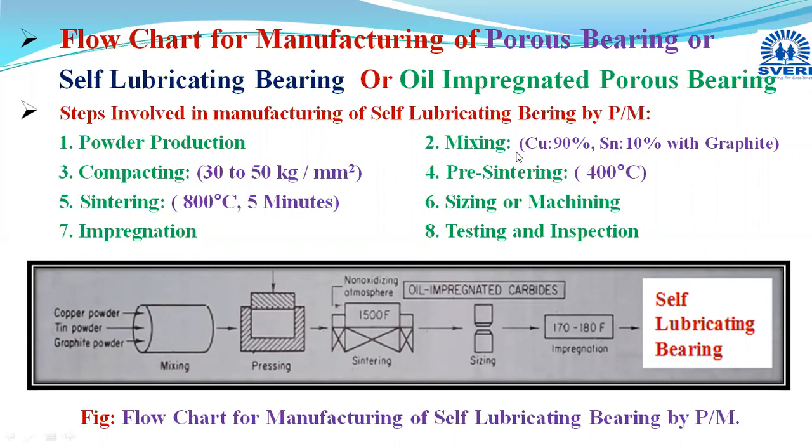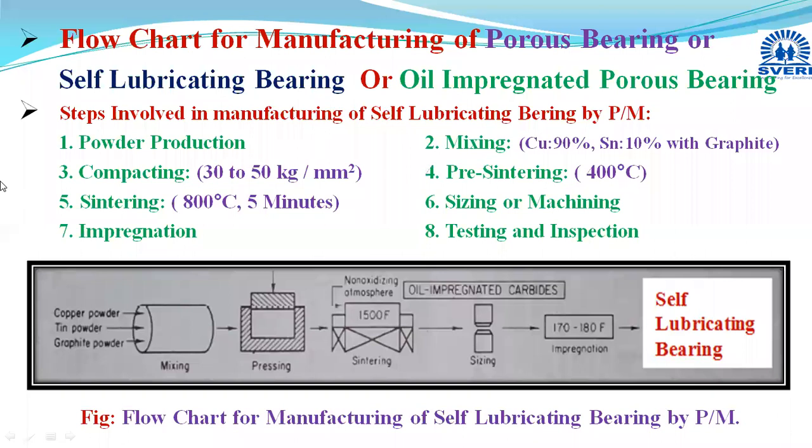In this mixing process, we can use different blenders or mixing devices like a Y-cone blender, double cone blender, blade mixer, screw mixer, or rotating drum. With the help of these devices, we are able to obtain a uniform and homogeneous mixture of copper, tin, and graphite.